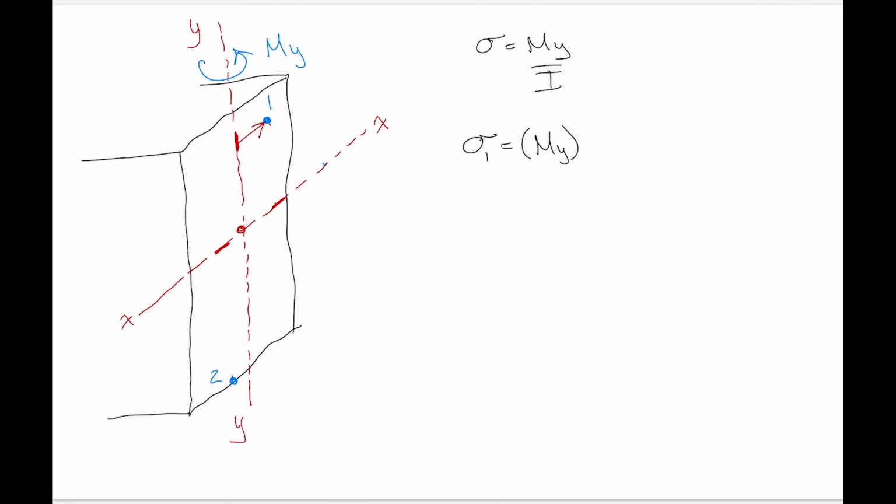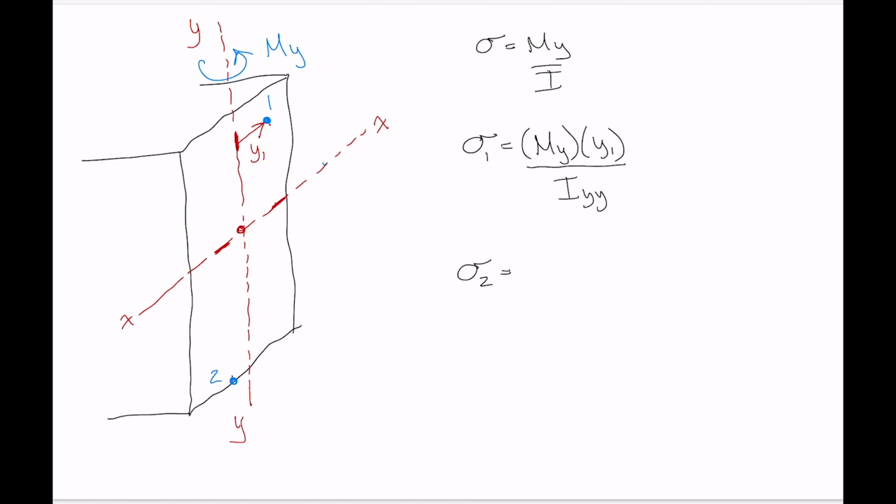So that's our distance y1 here. And then we're dividing by the moment of inertia of the cross-section about the axis that the moment's acting around. So this has to be Iyy down here.